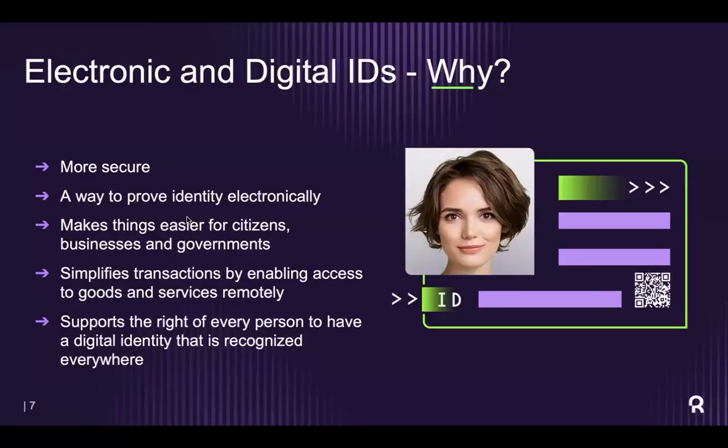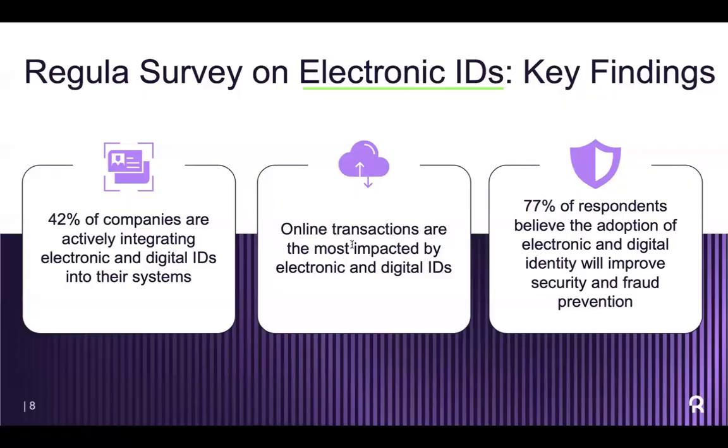In January 2024, Regular commissioned Forrester Consulting to survey decision makers responsible for their organization's ID verification solutions. For the research, we focused on organizations from diverse sectors like aviation, finance, government, and other industries from Europe, North America, and the Middle East.